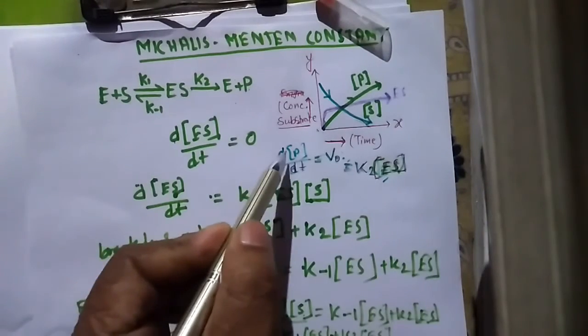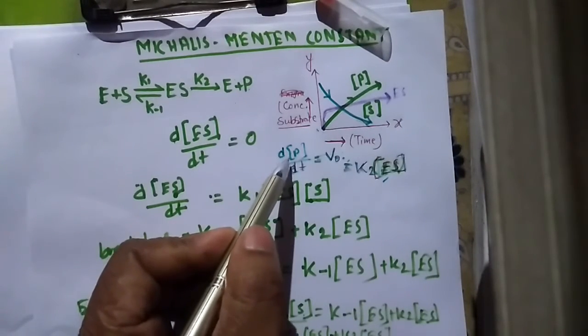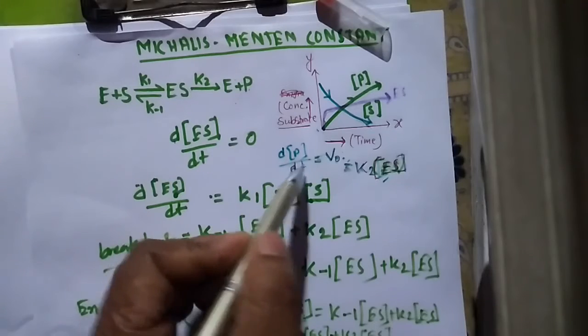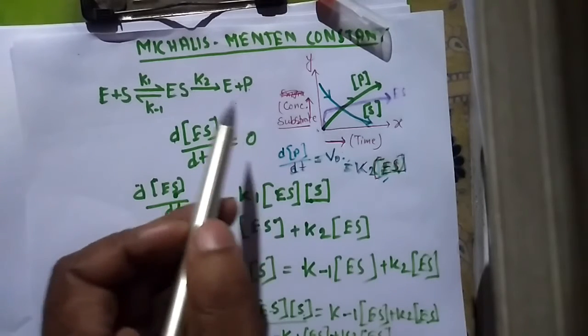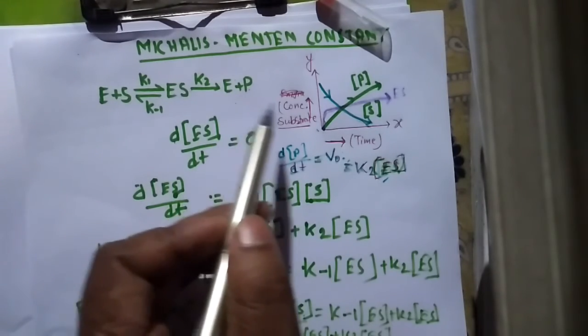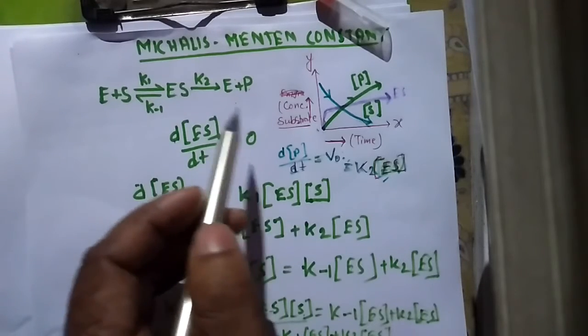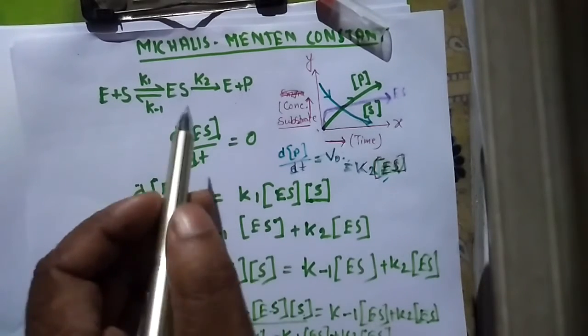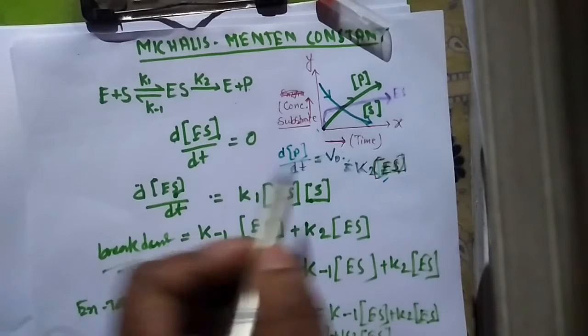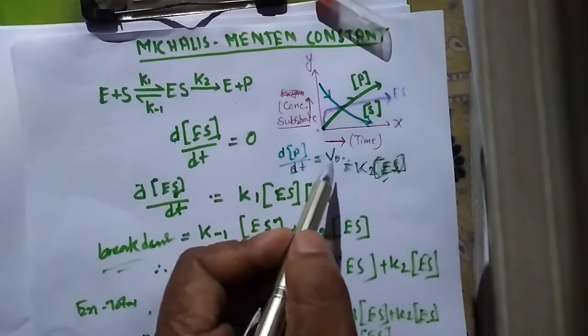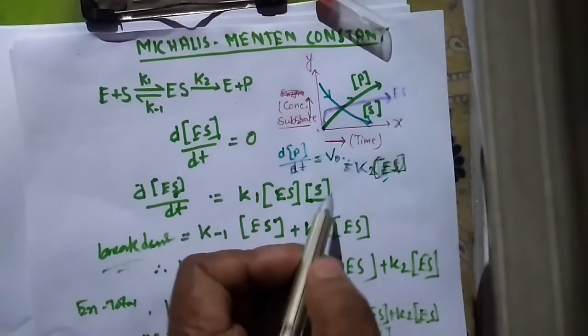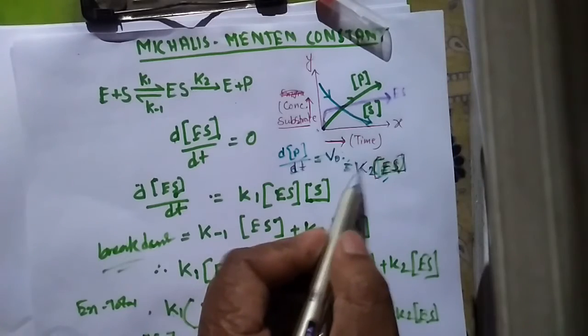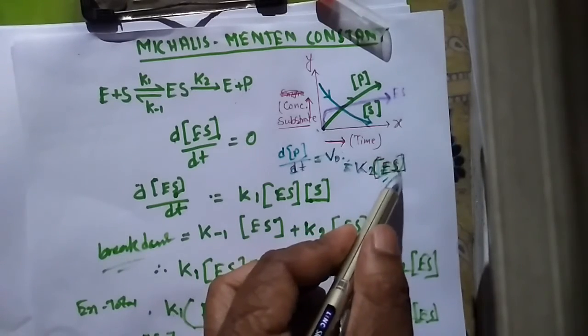In the case of formation of product, dP by dt is equal to V0, because the formation of product is constant, so dP by dt equals V0, which is equal to K2 times the ES complex.